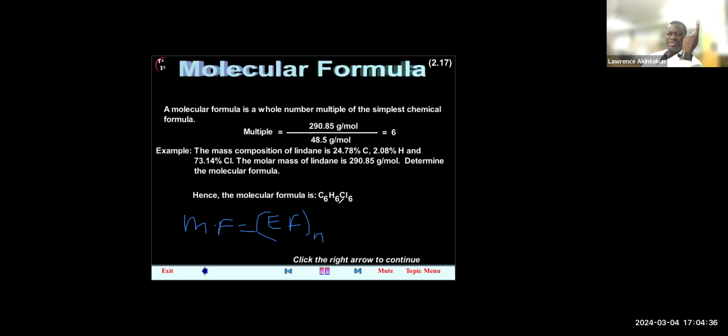Once you distribute the 6 into the bracket, that is C times 1 times 6, H times 6 because there is only one hydrogen in the empirical formula, and Cl times 6 because there is also one chlorine. That is how you got C6H6Cl6.